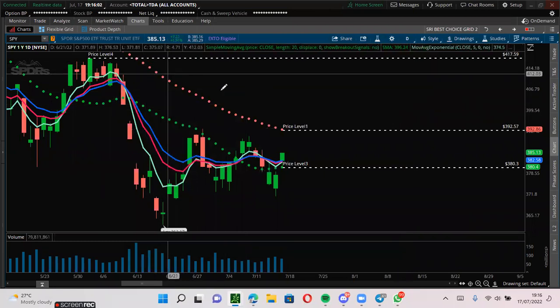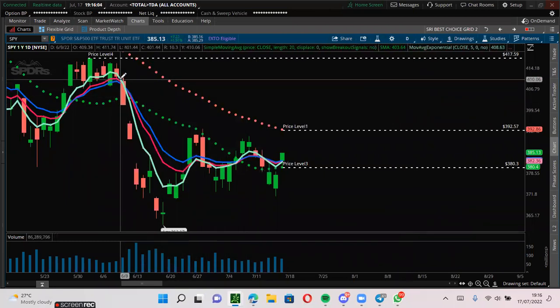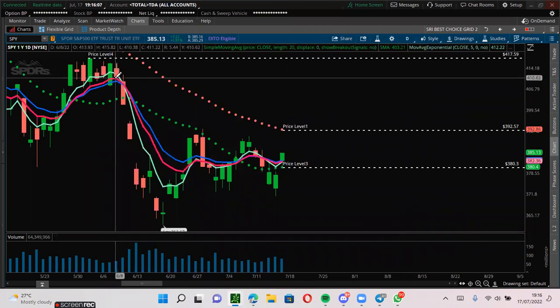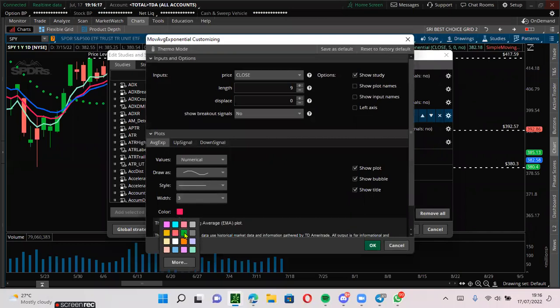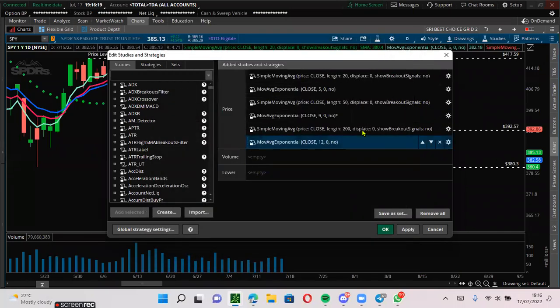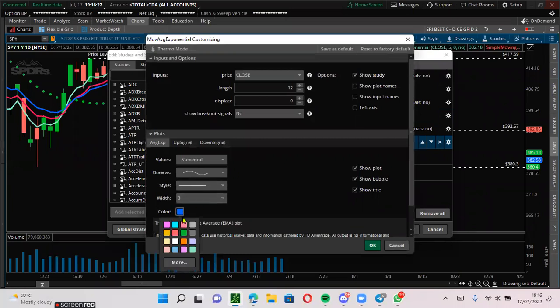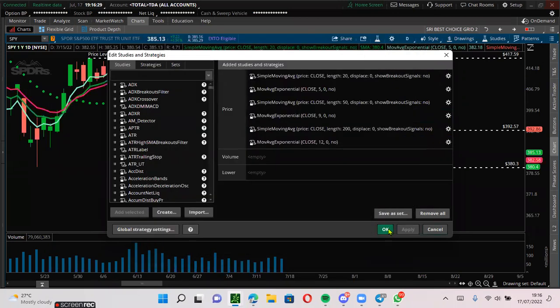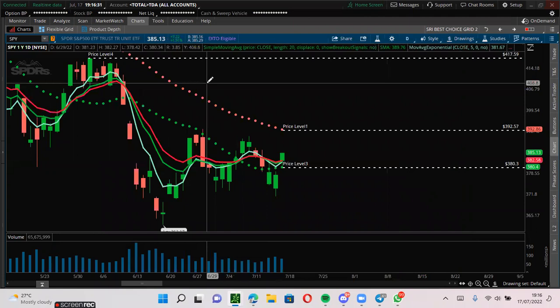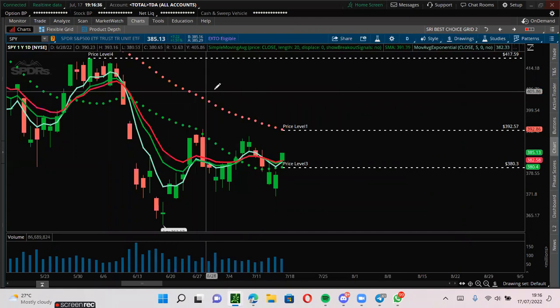So we are using our current standards, 5, 9, and 12. I'll change this to 5, keep 9 green, and 12 red, so that you understand. This is what our earlier chart setup was, and I don't want to get deviated more from there.